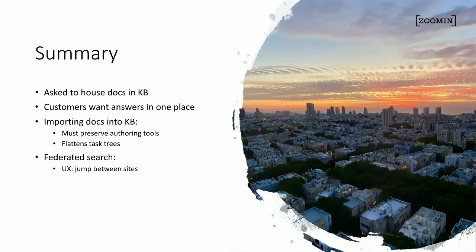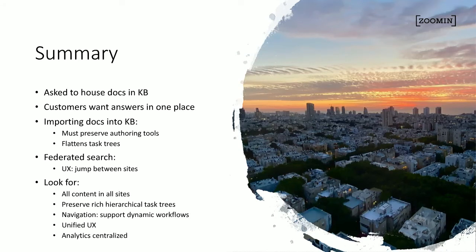But of course, federated search means that you're switching in and out of different sites, so you have a disjointed user experience. So what we think you should be looking for is that you should have all content of all the sites in one place, whichever place that is. And each place that you believe people should go to, they should be able to get their product answers.